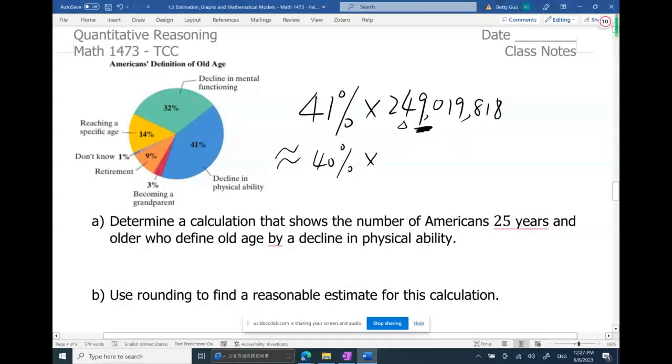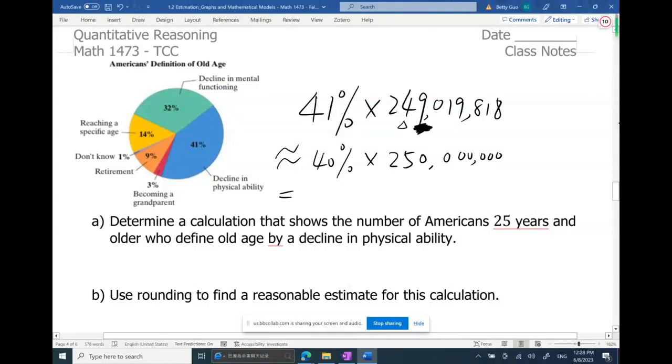So we're going to round this number to 250 million. You agree? Because this 9 here, if we just round it up to 10 million, the error can be disregarded. And this would be very easy to calculate.